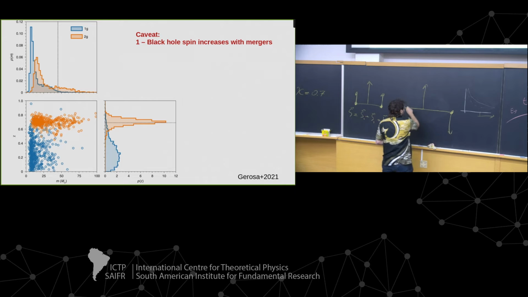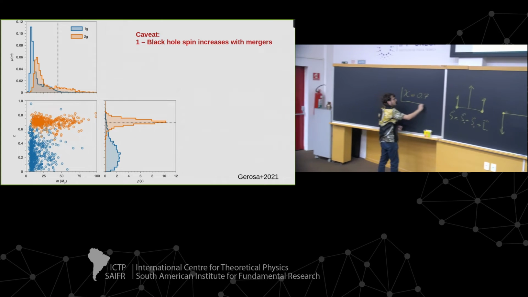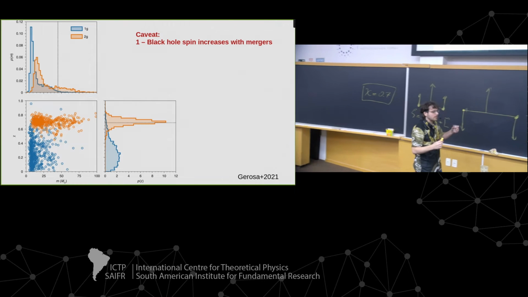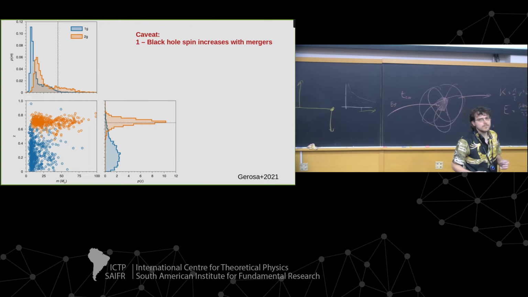So eventually, this orbital angular momentum is larger. So even if it gets subtracted away by the individual spins of the black holes, then eventually, you obtain, on average, a spin of 0.7. And this is still considering a single mass spectrum, so equal masses.